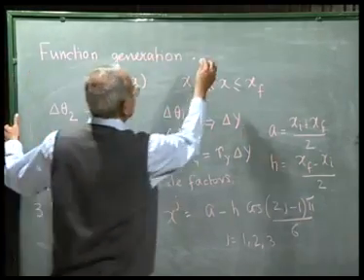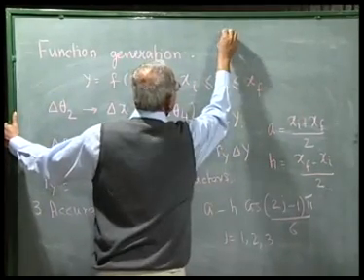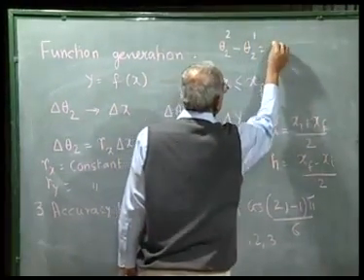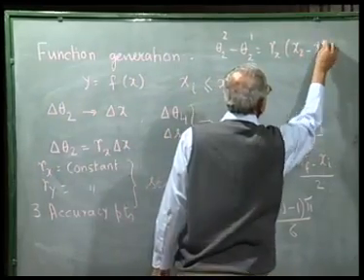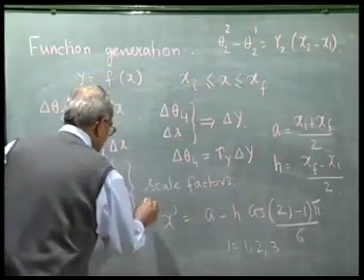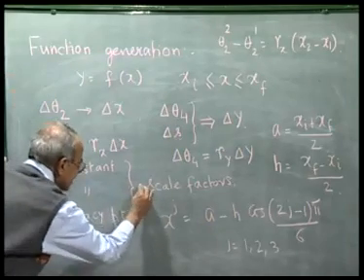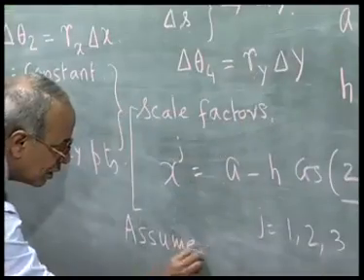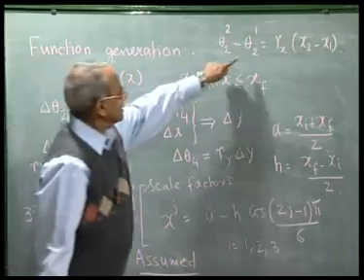How do I get that? We assume theta 2 1, and theta 2 2 minus theta 2 1 will be Rx into x2 minus x1. So, the scale factors Rx and Ry are again assumed. Once the scale factors are assumed, theta 2 1 is assumed.